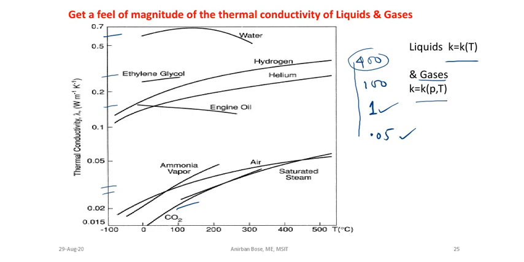You can easily predict why, in liquids and gases, thermal conductivity can change with temperature. Thermal conductivity will likely increase with increasing temperature, because the chances of collisions increase, and that is one of the mechanisms by which heat transfer by conduction takes place in liquids and gases.